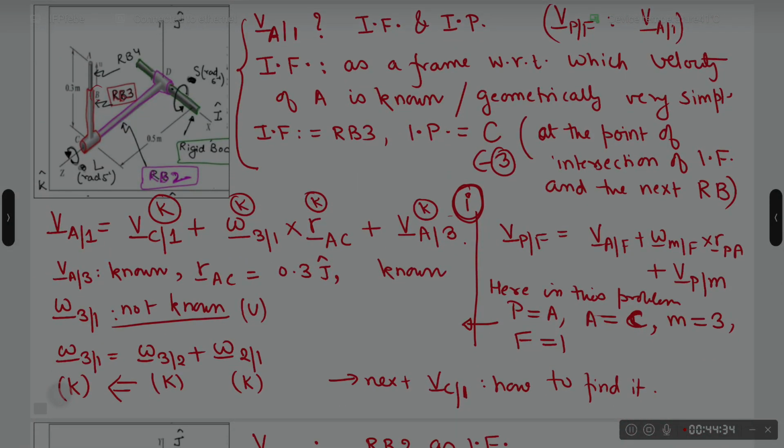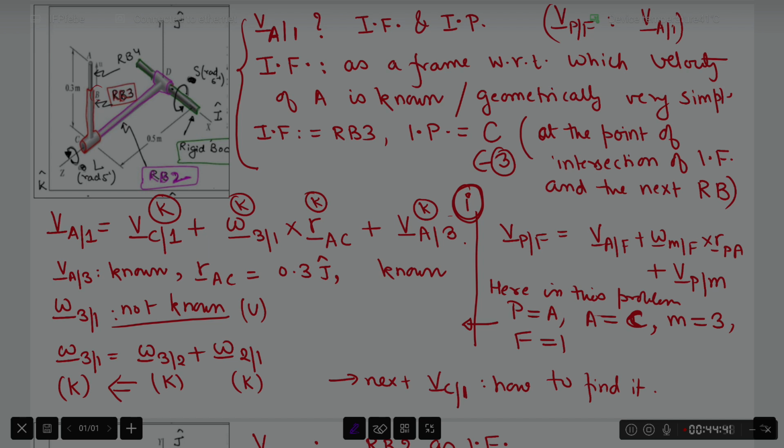Let's talk about VA1 first. It's always a good idea to start with velocity, and once velocity has been found of a particle of interest, if required, you can go ahead and try to find the acceleration of that particle also. So I am going to use the concept of IF and IP. In other words, I'm going to use the velocity and acceleration transfer relationships to find VA1.